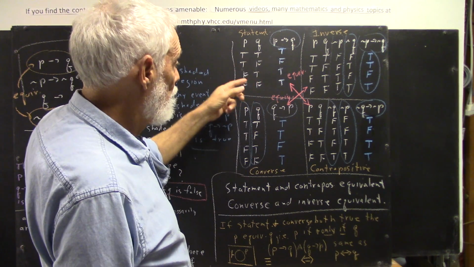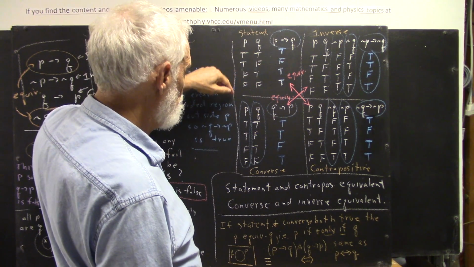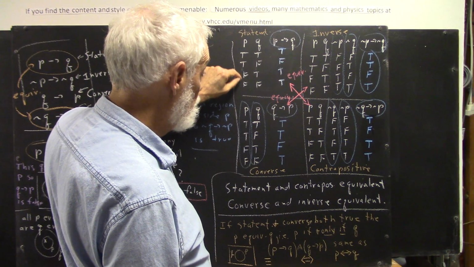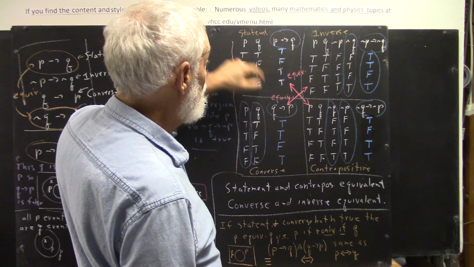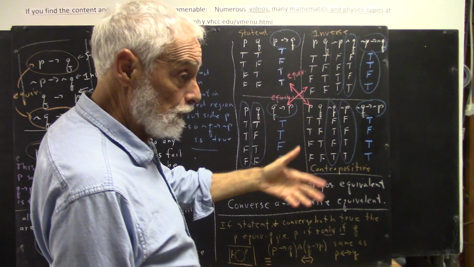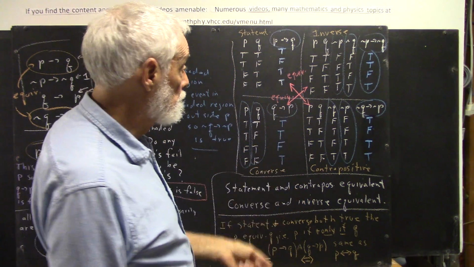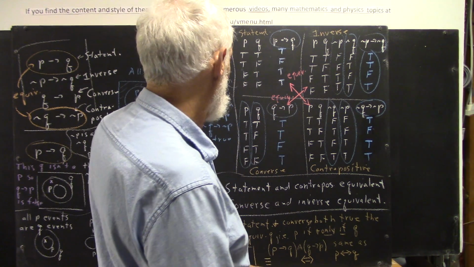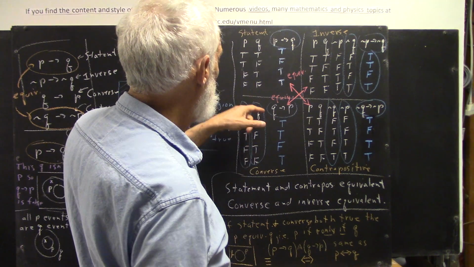And then we simply note that the last two rows of the truth table have false values of P, so the statement can't be proven false, so it's regarded as true. So we have true here and here. Okay, now fairly straightforward.